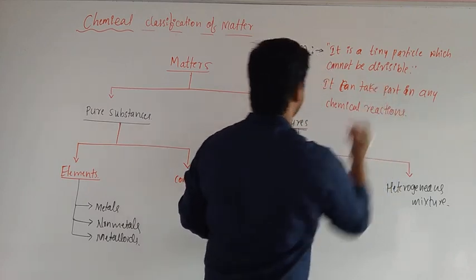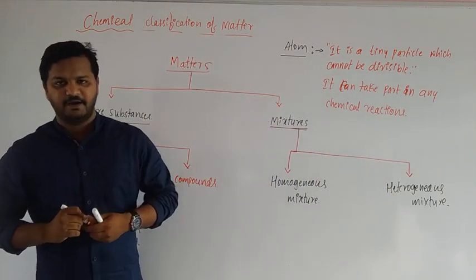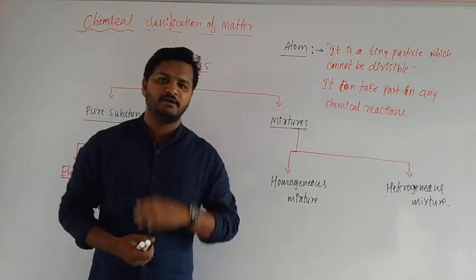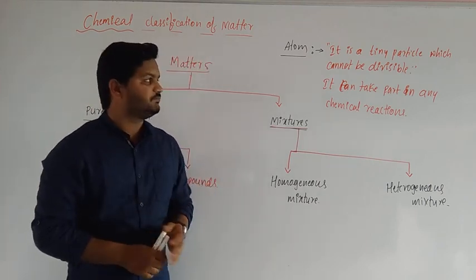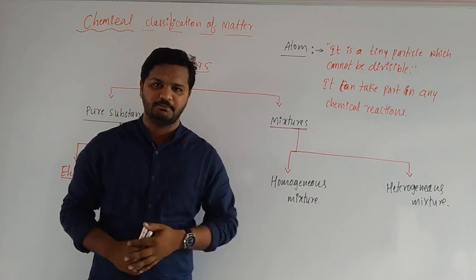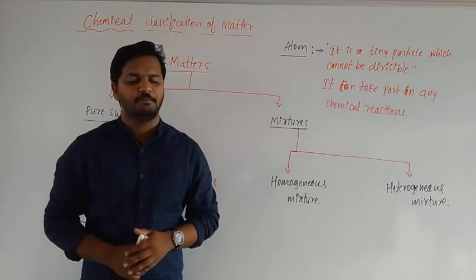So this is about the atom. Atom means it is a tiny particle which can take part in any chemical reaction, and which cannot be divisible further. Okay, we cannot break it for any reason.